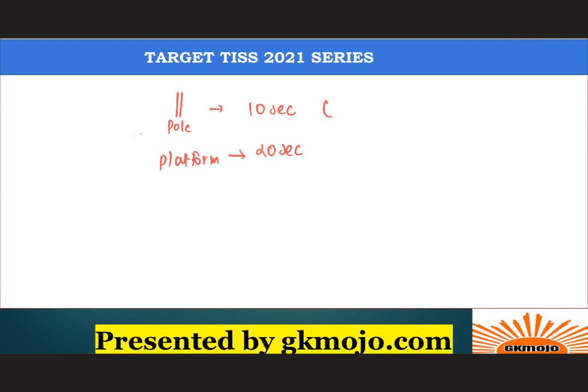Basically we know that this will be L1, because I told you at the start, to cross a pole the distance is of the train itself. And over here it is the sum of the length of the train as well as the length of the platform, L1 plus L2. So to cover this L1 it takes 10 seconds, and to cover this L1 plus L2 it takes 20 seconds.